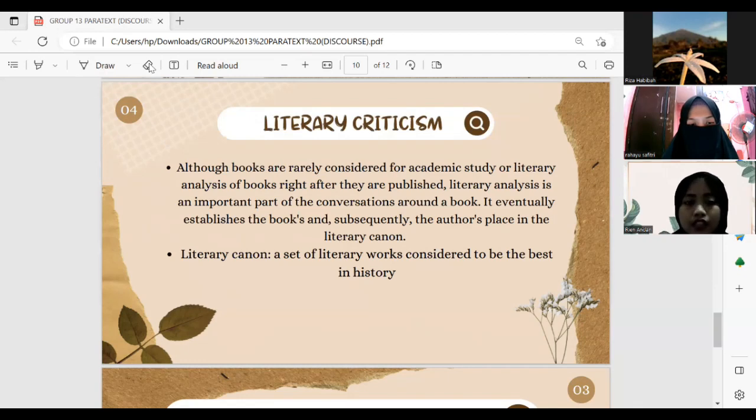Literary canon is a set of literary works considered to be the best in history.